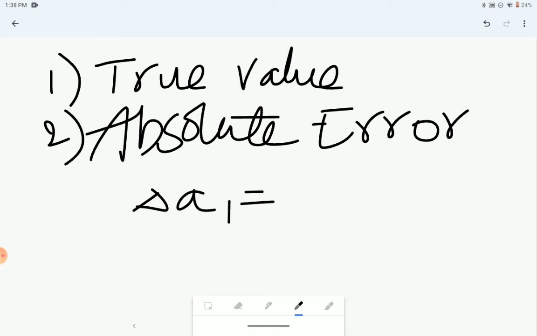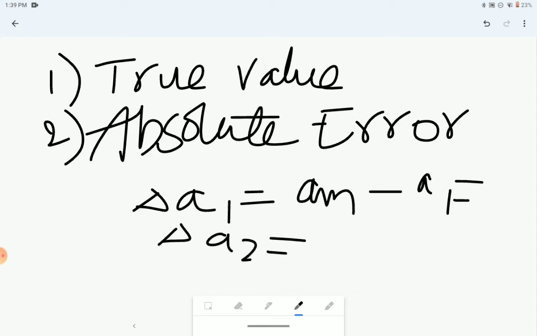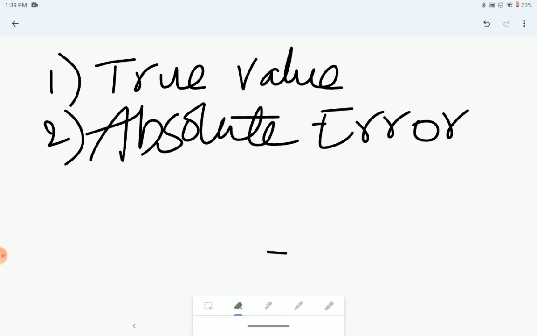This is called an absolute error. Each measured value has its own absolute error, delta a2 has its own absolute error. In this way we found absolute errors, and after that we found the mean of absolute errors.